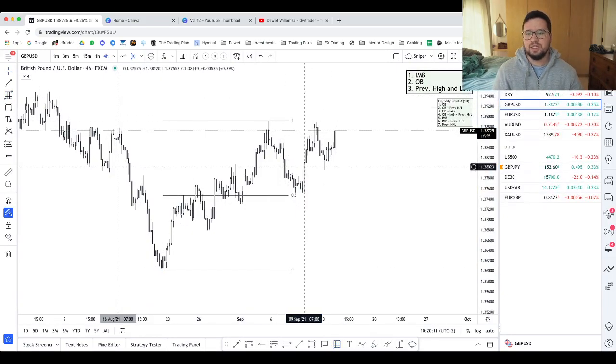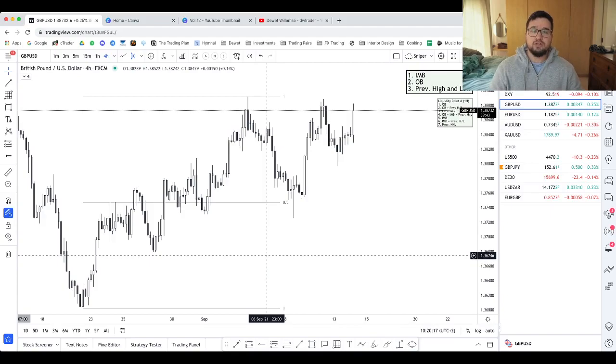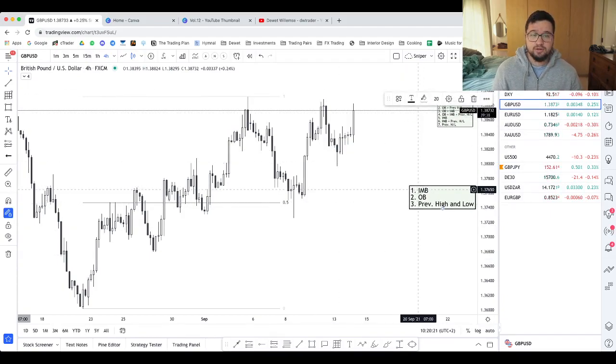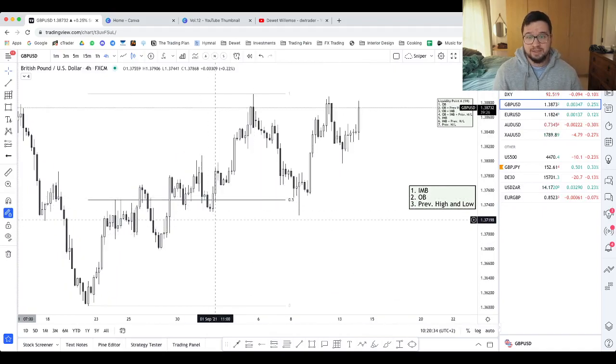So that was the range that we were trading in, and we identified it at the beginning of the week on the analysis. We need to identify the first order block, imbalance, order block, previous high and low in the discounted area. So in the discounted area, we mark out those areas first. In the discount, do we have imbalance?